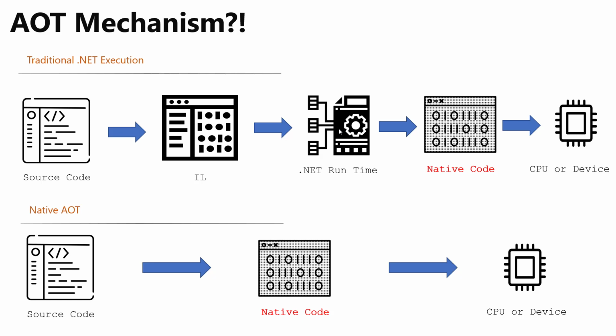If we want to know the mechanism of AOT, we should know the traditional way of compiling and execution, which is like this. Source code would become IL code, then .NET runtime, native code, and then it would be understandable for the CPU or device.